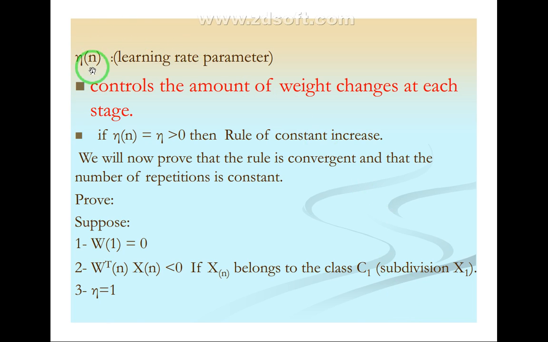And it is very important to recognize that eta n is the learning rate parameter, and this learning rate parameter controls the amount of weight change at each stage. You see from one stage to another, from one moment to another, from one iteration to another, we have some changes in weights.